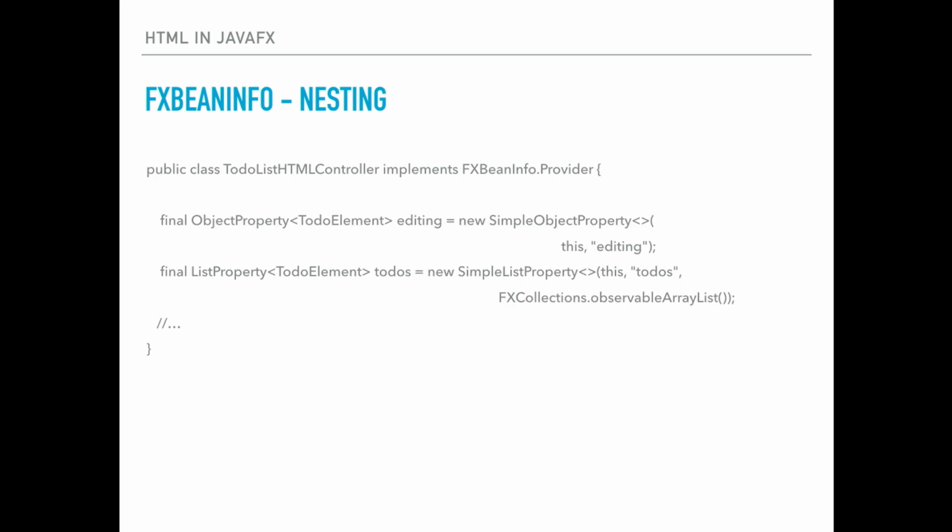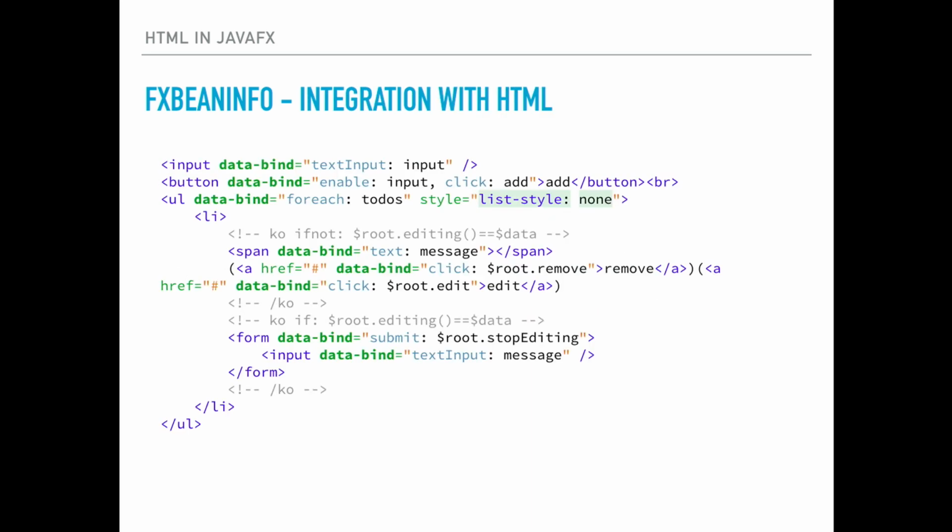And we use this inside of another bean. And here you can see we have one editing, that's the property that is currently being edited, the to-do element. And we have a list of these to-do elements. We can also have list type properties. And that's the nice thing. That is something that you do not have in FXML. You can declaratively iterate or loop over list type properties.